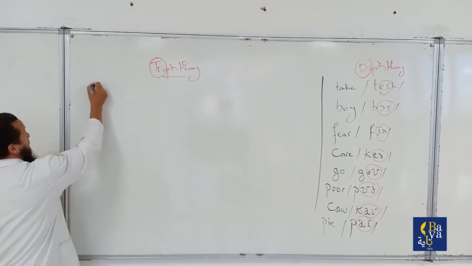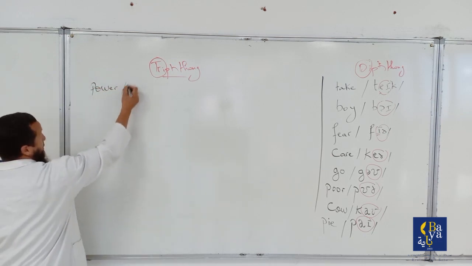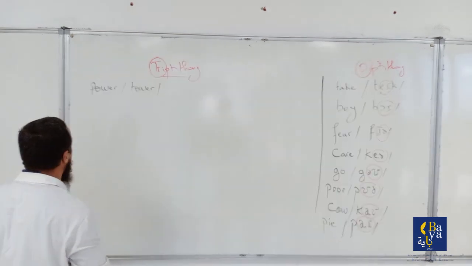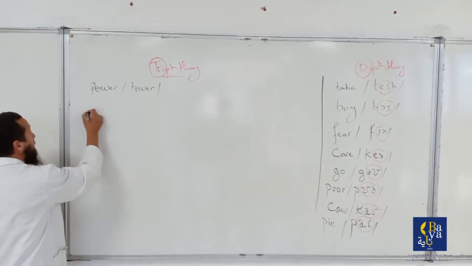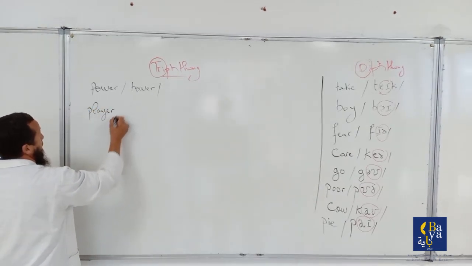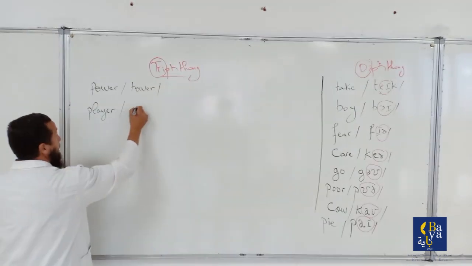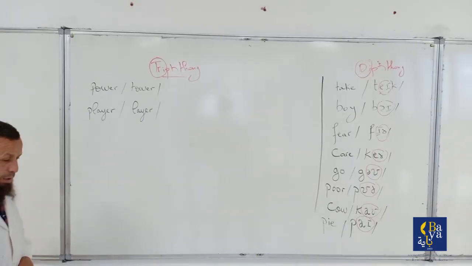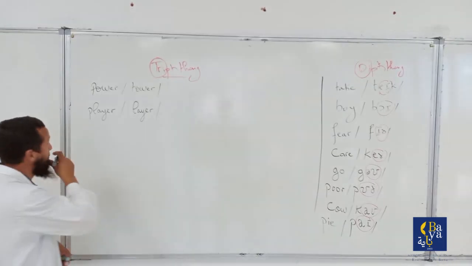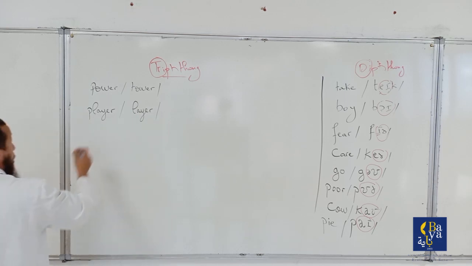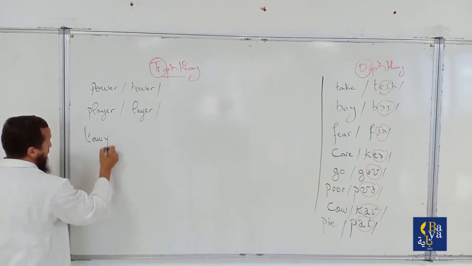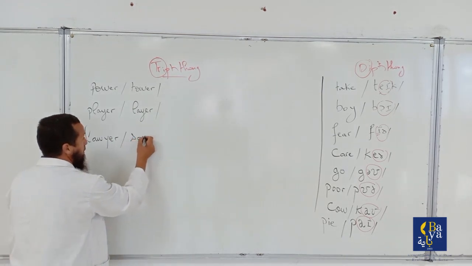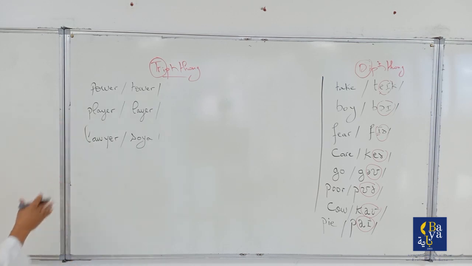If you have power and the same thing as tower, and you can have player, layer, lawyer, sawyer. Just examples.